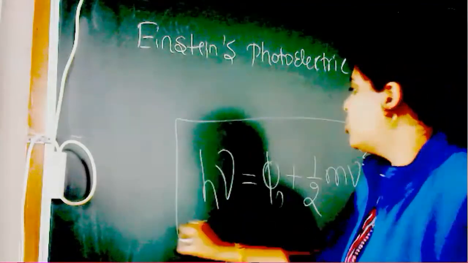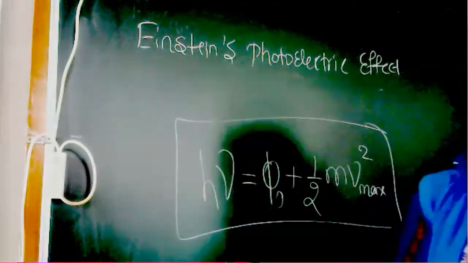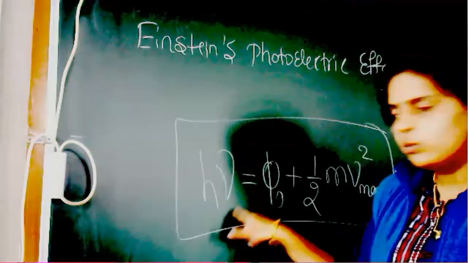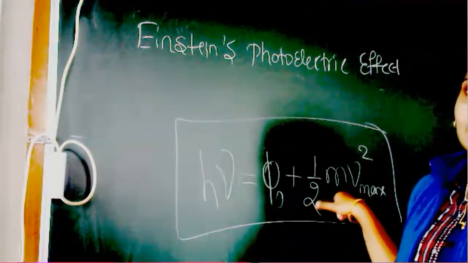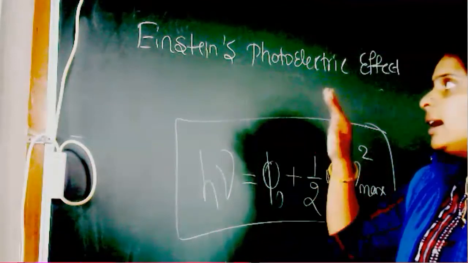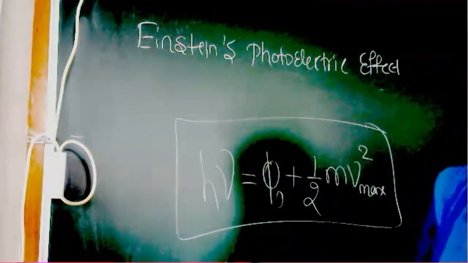So this is the most important relation, which is given by Einstein. Your h nu is used in the form of work function as well as kinetic energy. This is Einstein's explanation for the photoelectric effect.